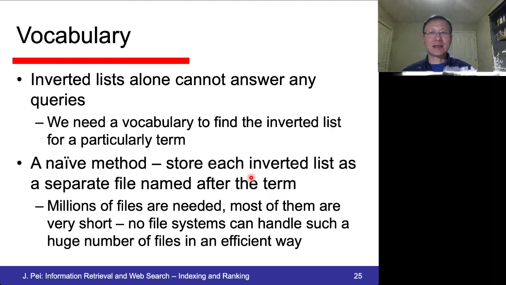This creates a huge problem for file systems in commercial computers, because no file system can handle such a huge number of files in an efficient way. We need to find some other way to handle the vocabulary efficiently.